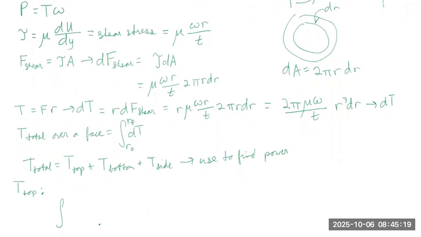So we go from 0 to 0.04 of dT. dT is equal to 2 pi mu omega over t times r cubed dr. And we can pull this out of the integral because it is a constant.